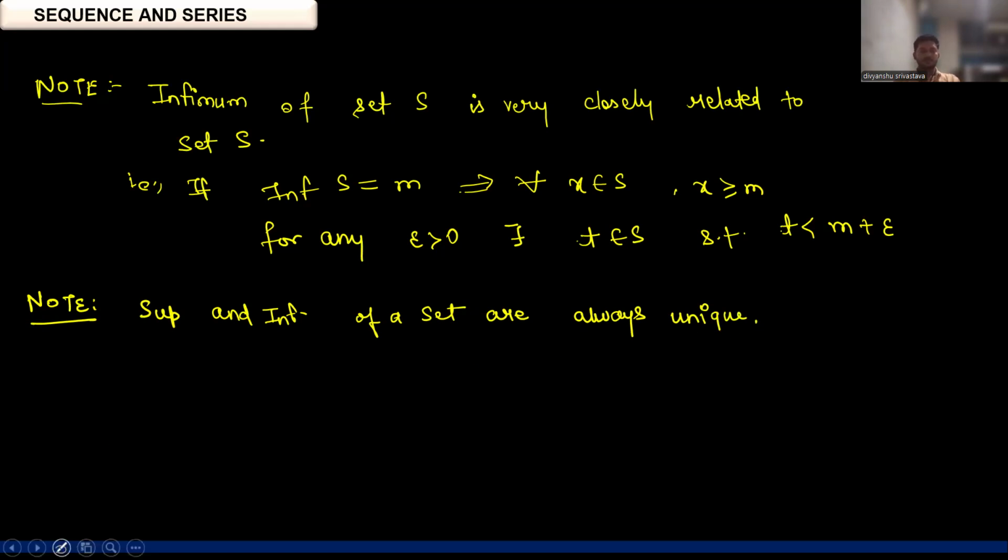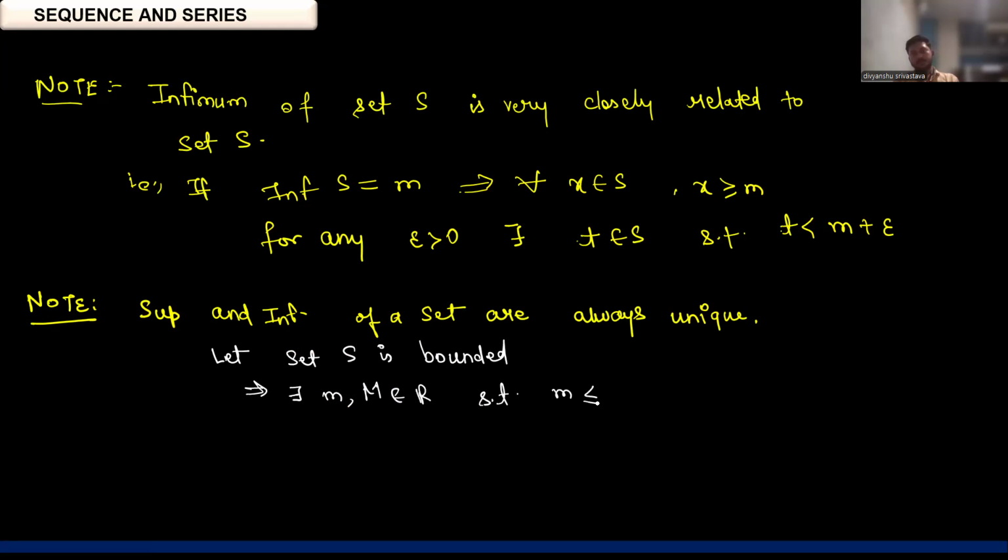So let set S be bounded. Therefore it implies that there exist small m and capital M belonging to R such that m is less than or equal to x, which is less than or equal to capital M, for all x belongs to S.